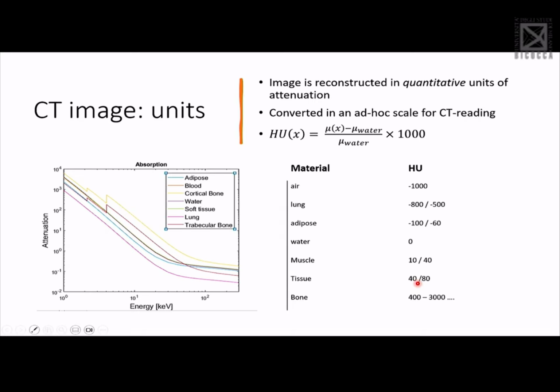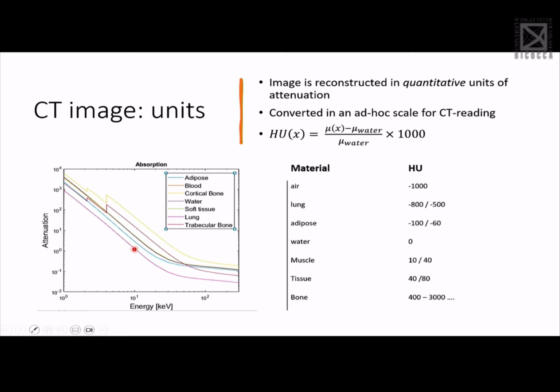Now, I've shown you this in the previous lecture, and we said that X-rays are absorbed by different kinds of tissues depending on their density, according to what is described by this plot here.